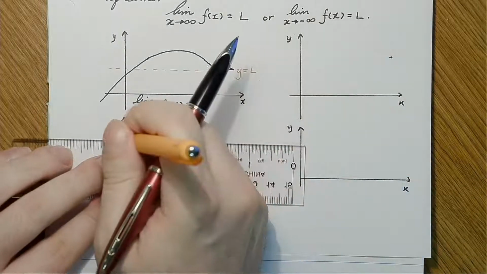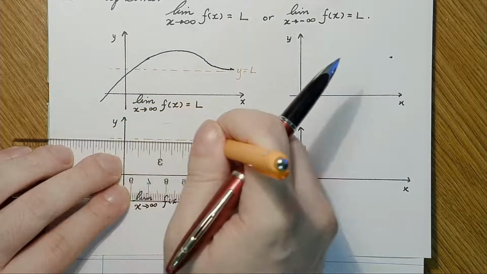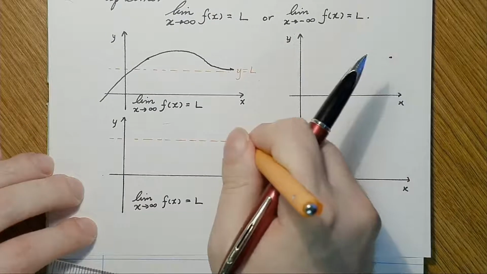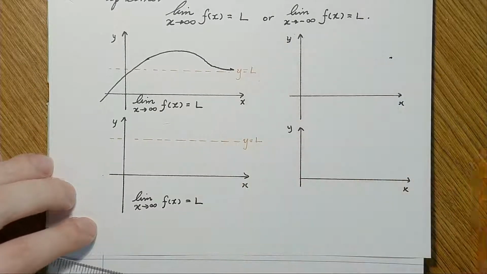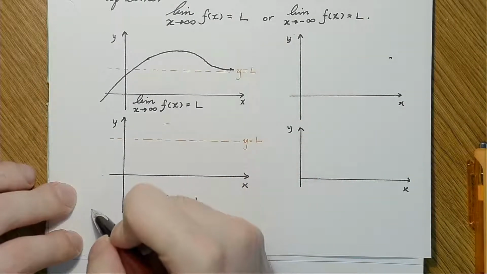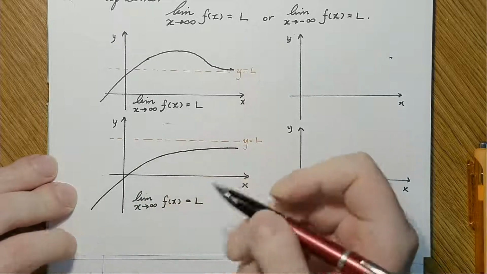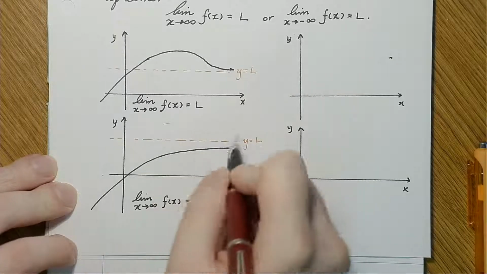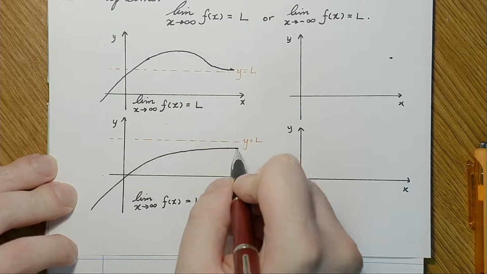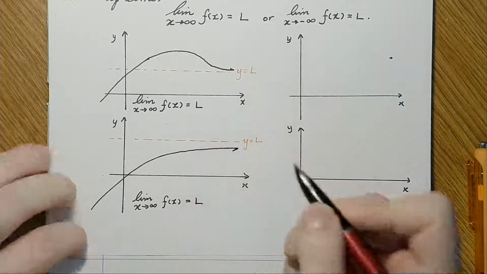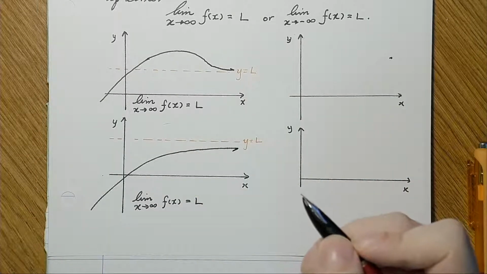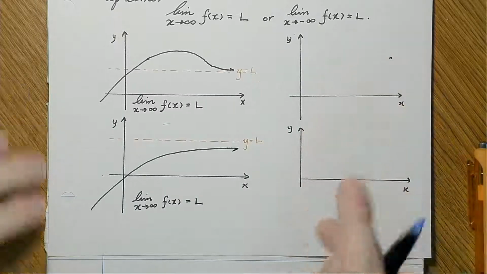So I could do something like this. Could do something like that, getting really close to it, so it's approaching it from the bottom side of it. Oh yeah, you could do something weird like this.